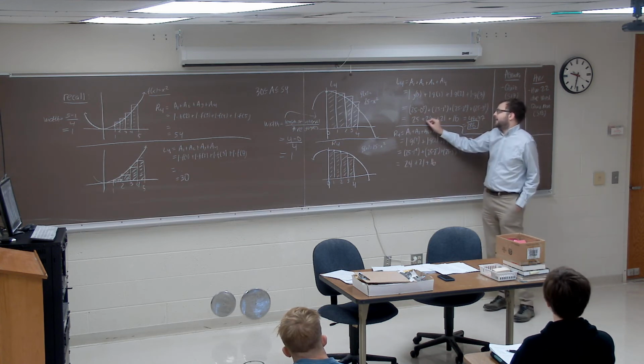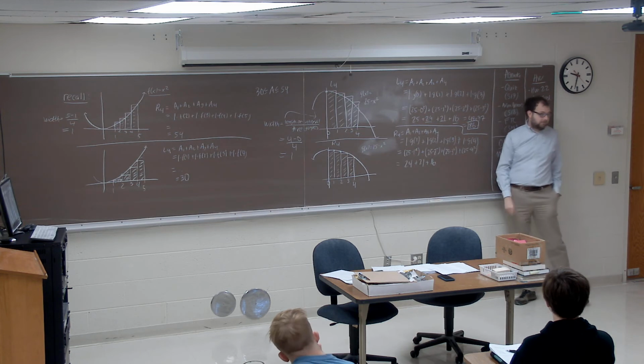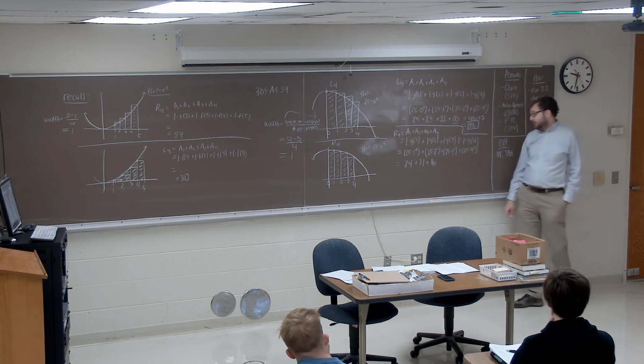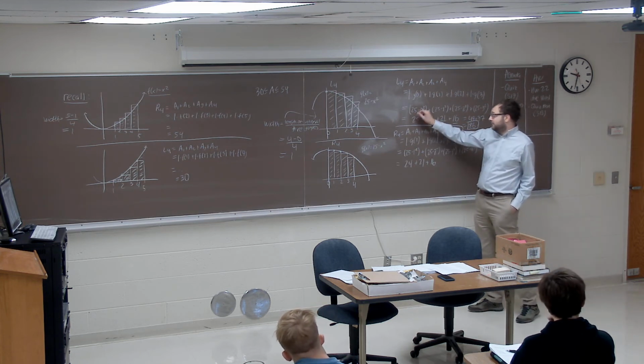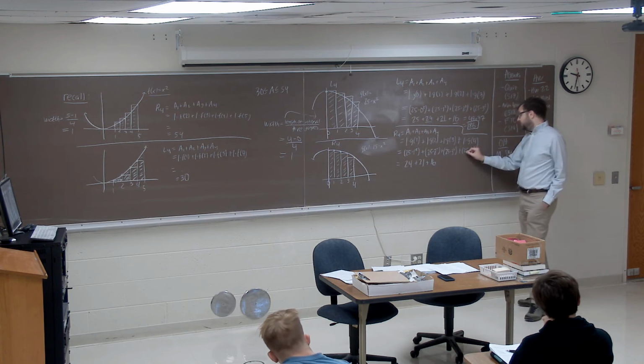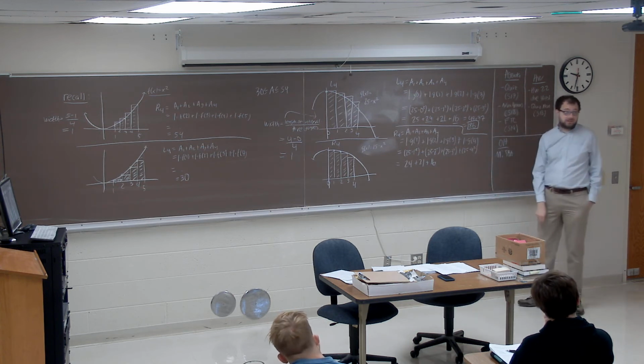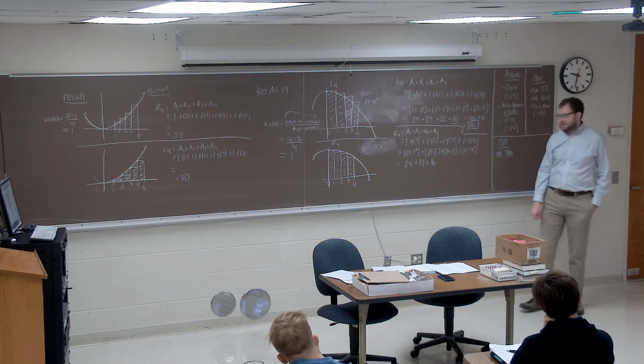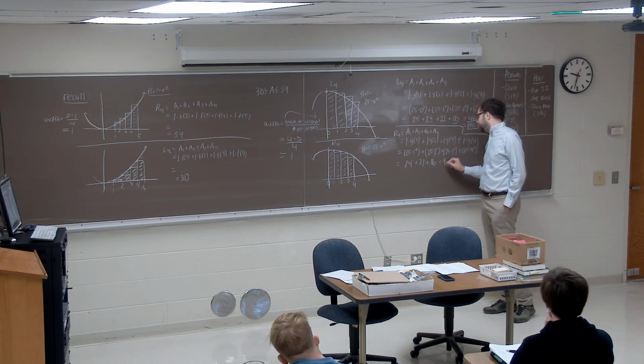In fact, it's the same three numbers we had up here. The only difference is we're not using the 25. Instead, we're using 25 minus 4 squared, which is 25 minus 16, I believe, is 9.